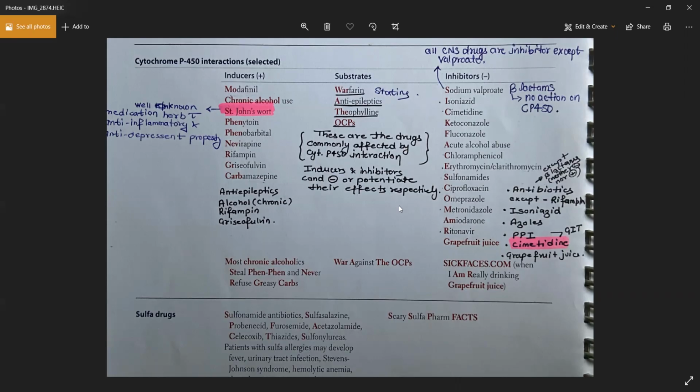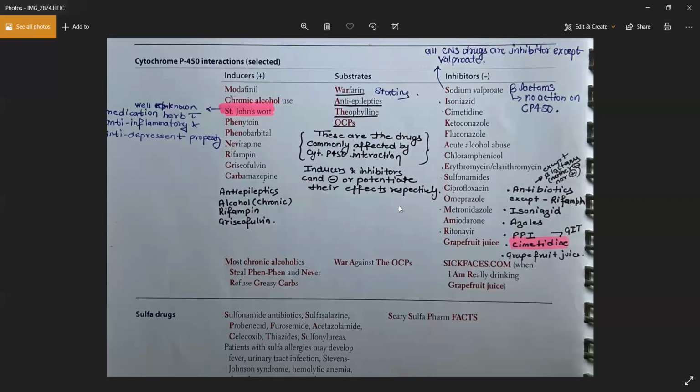Please write it in the chat box. You should write activator, not inhibitor. You said all CNS drugs are inducers, but you have written all CNS drugs are inhibitors.